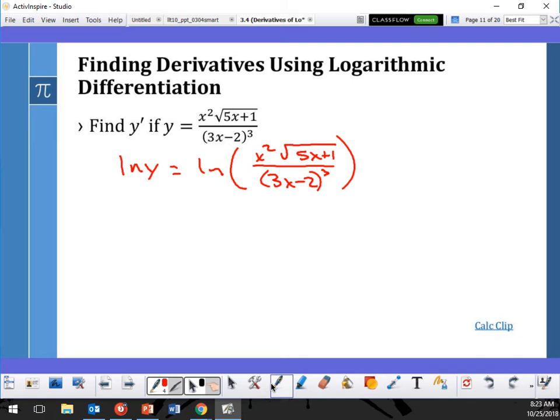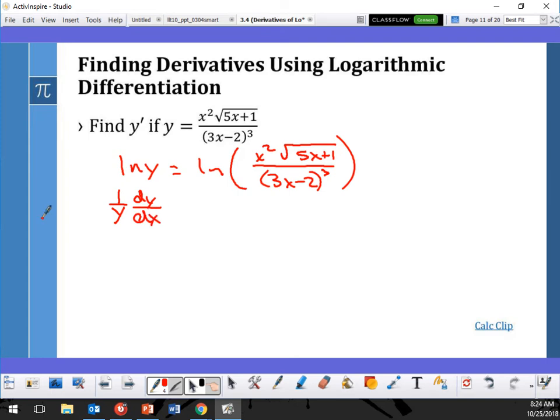All right, now that I have that, over here I'm going to do this implicitly. So what is the derivative of the left side? 1 over y dy dx. Very good. So it's 1 over y dy dx, right?